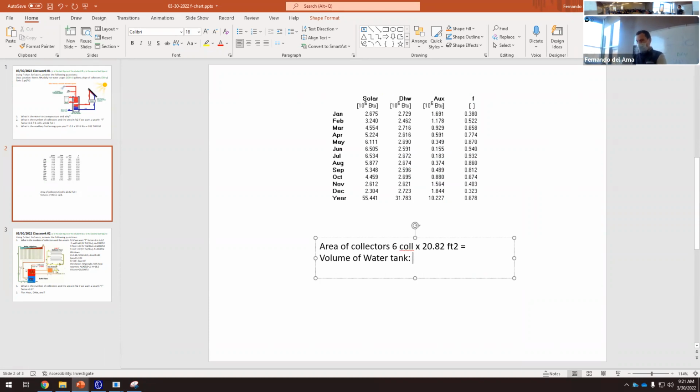The volume of the water tank is 2 gallons times the area of collectors. So what is this? 6 times 20, 6 times 2, 12. I carry one, 6 times 8, 48 and one, 49, and 4.